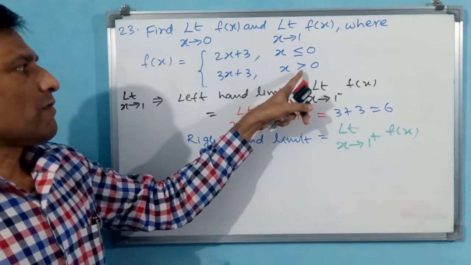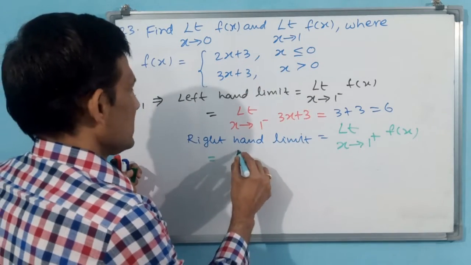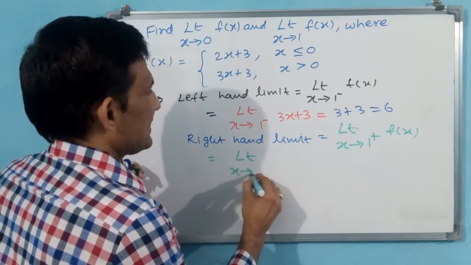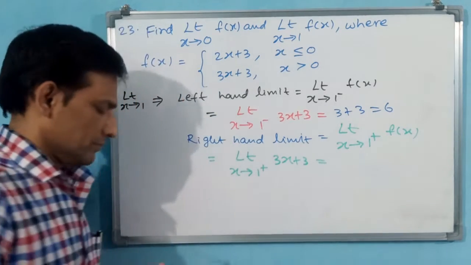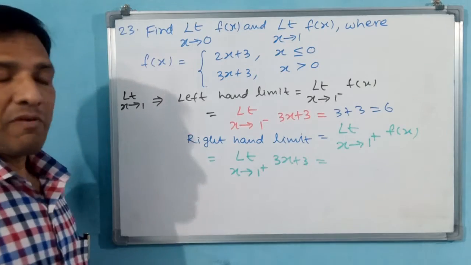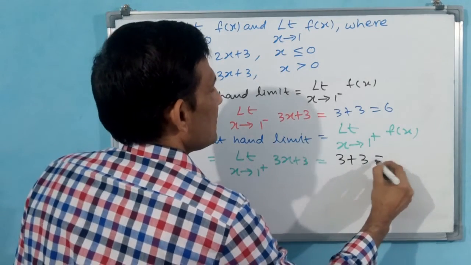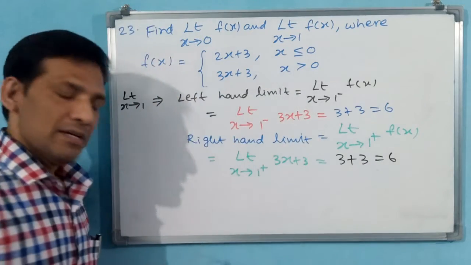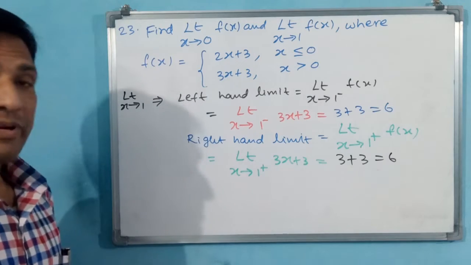As I said, for 1 plus or 1 minus, both are 3x plus 3 only. Write down: limit x tends to 1 plus of 3x plus 3. You tell me what will come? 3 plus 3 only. Then both become equal. Then the limit exists.